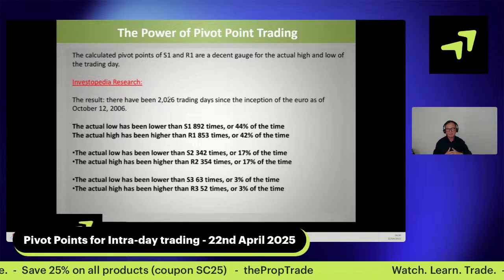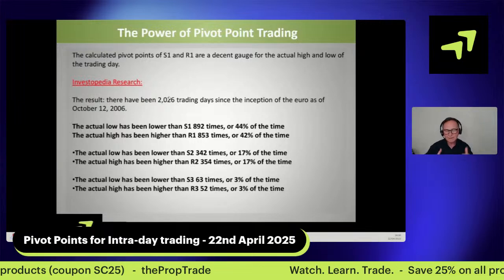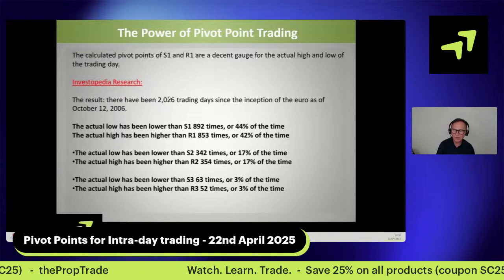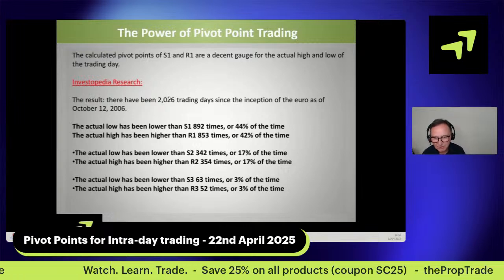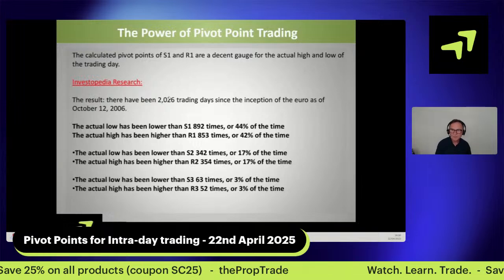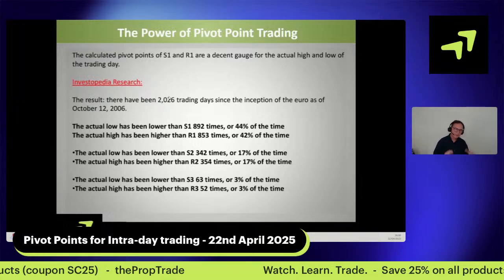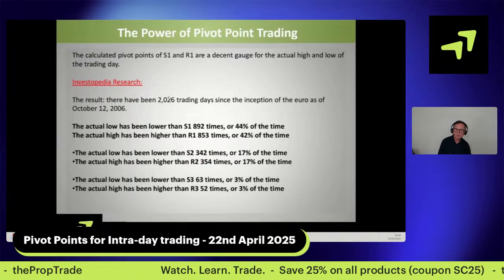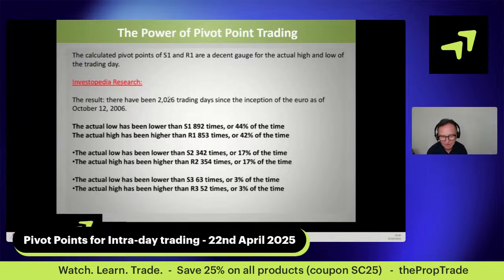So we've had a volatile, strong move, either breaking S3 to the downside or R3 to the upside, only 3% of the time. So when you get to those levels, that's why lots of people look for a turn in the market at that point, because it's only happening 3% of the time.